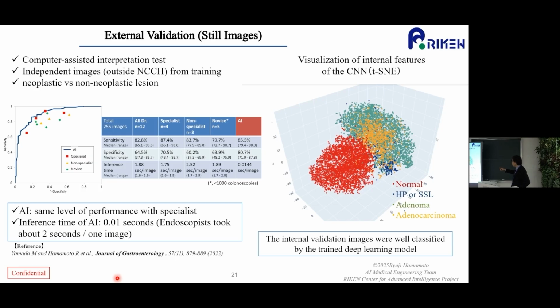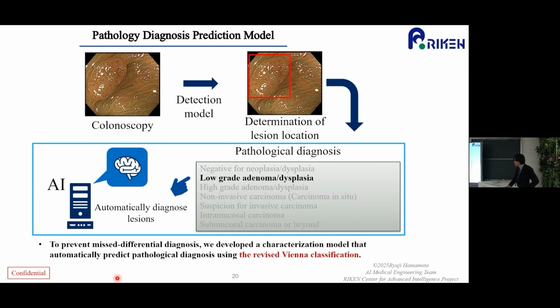There are several different stages of the cancer, for example low-grade adenoma dysplasia, high-grade adenoma dysplasia, or non-invasive carcinoma. In this case, it's more like multi-class classification. You have several candidate pathological diagnoses, and you want to choose the most probable one.